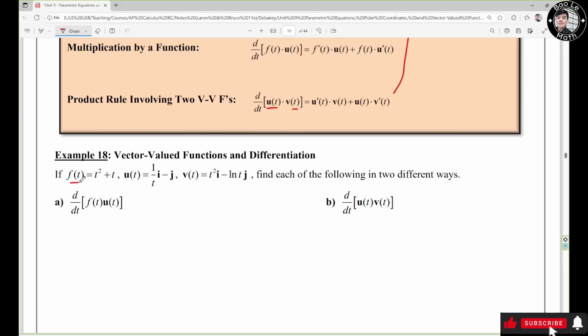Now given the function f of t equal to this one, the vector valued function u of t and vector valued function v of t, find each of the following in two different ways. Now question A. We're going to use the product rule formula: u times v prime equals u prime v plus v prime u.